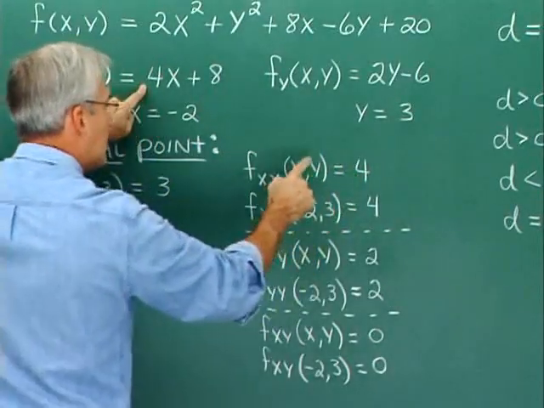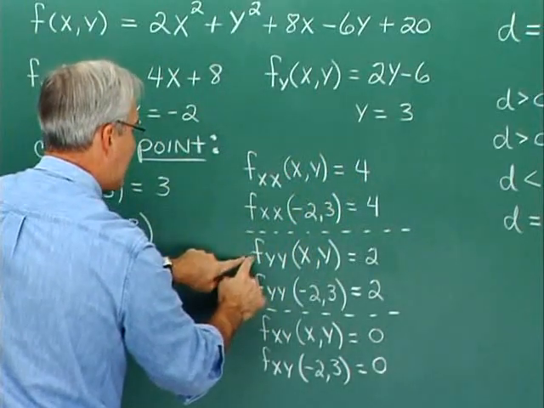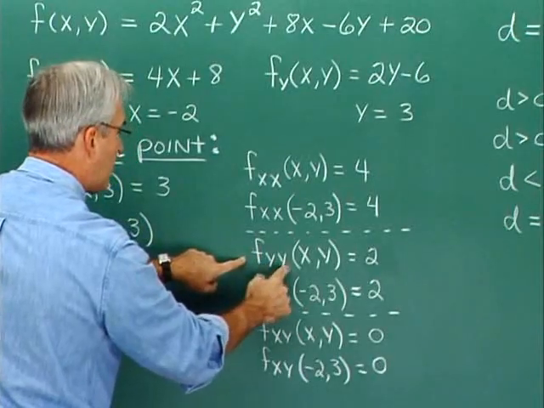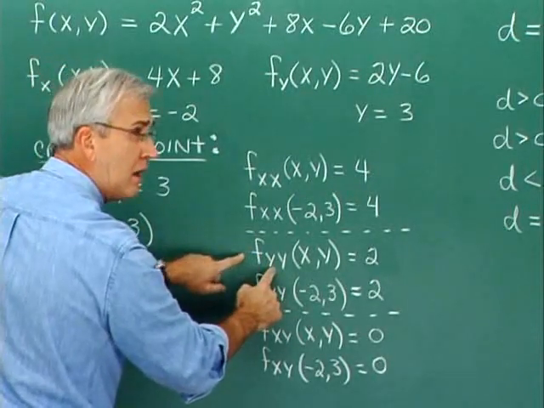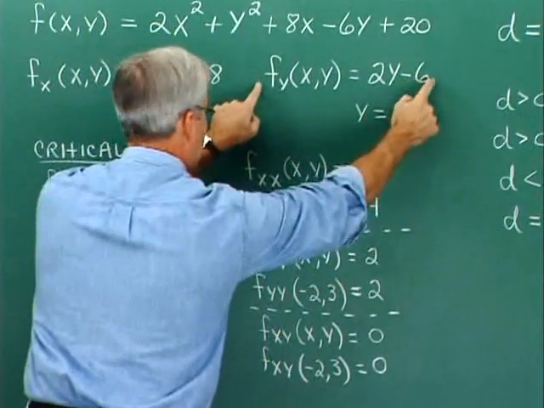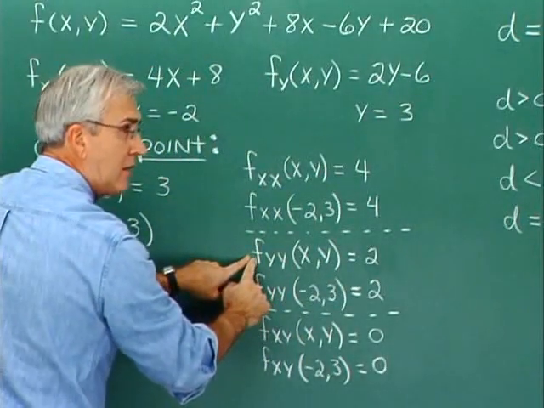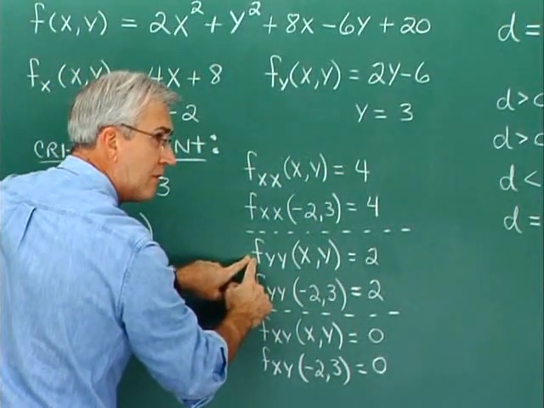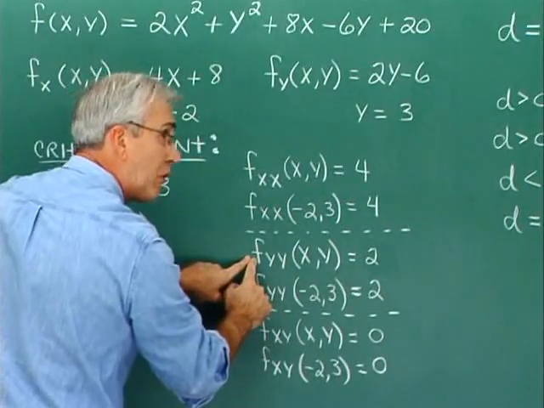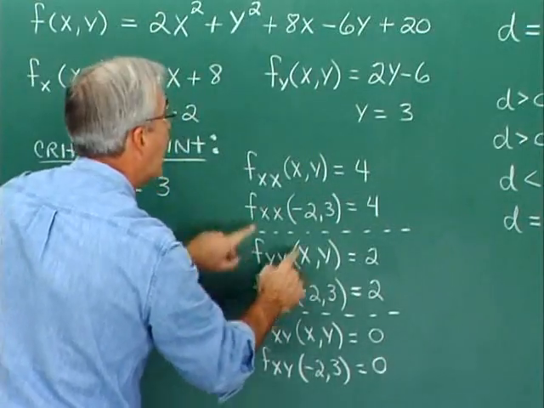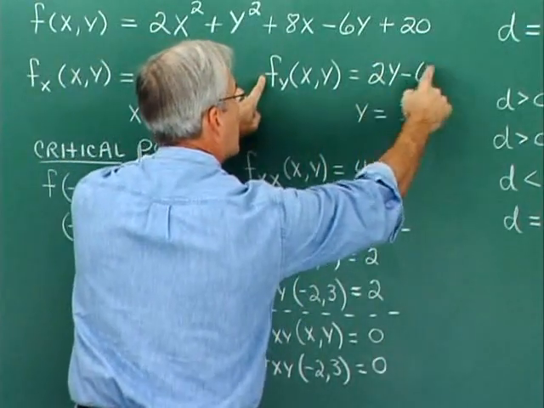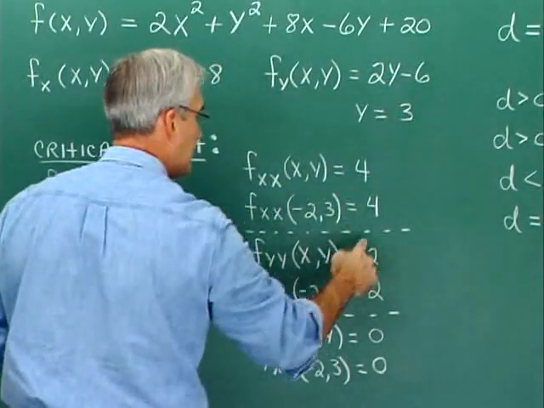All right, and now let me skip down to the calculation for f subscript yy. In the f sub y function, we are finding the second partial derivative in terms of y. And so the derivative of this in terms of y is 2.